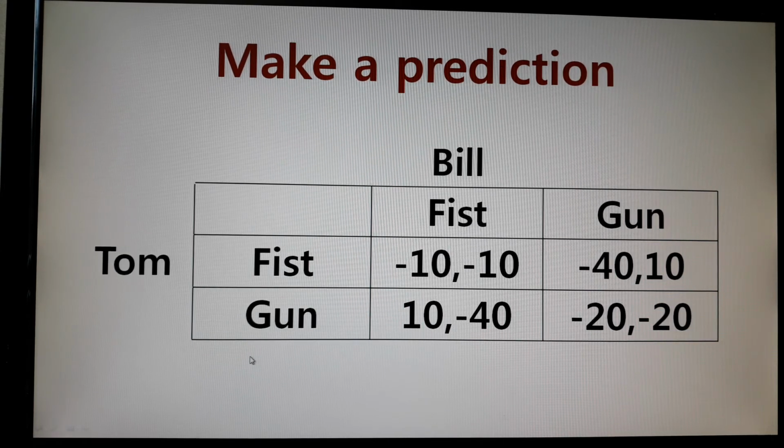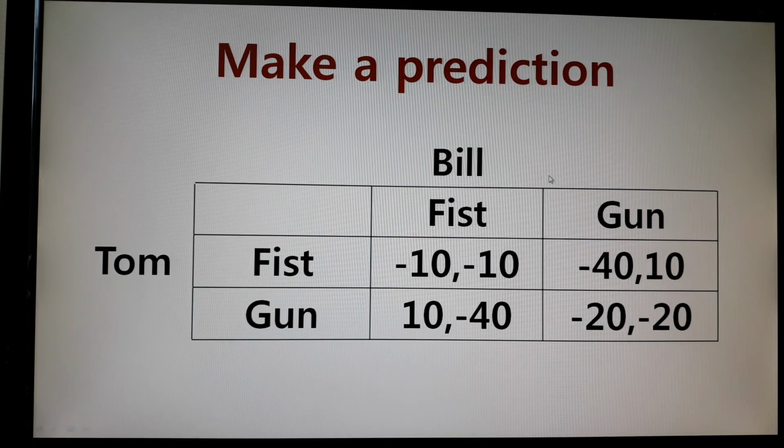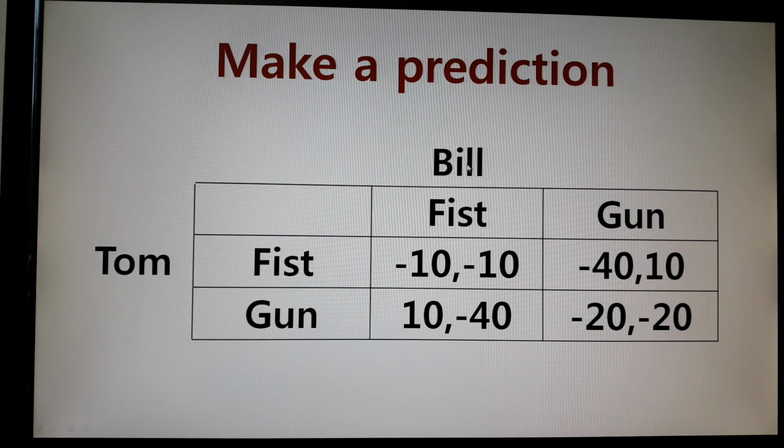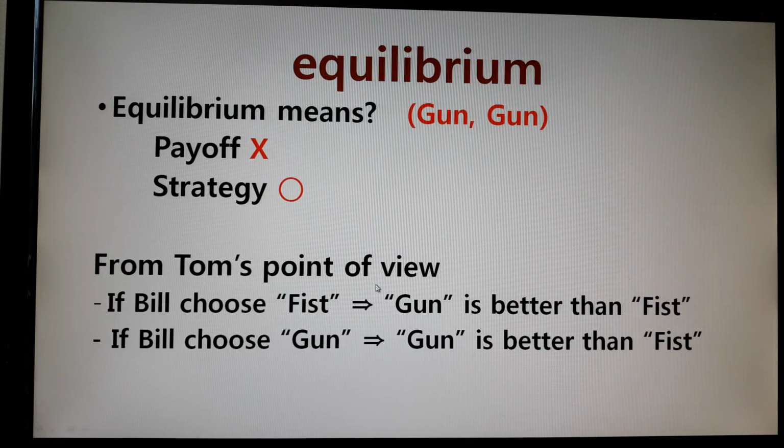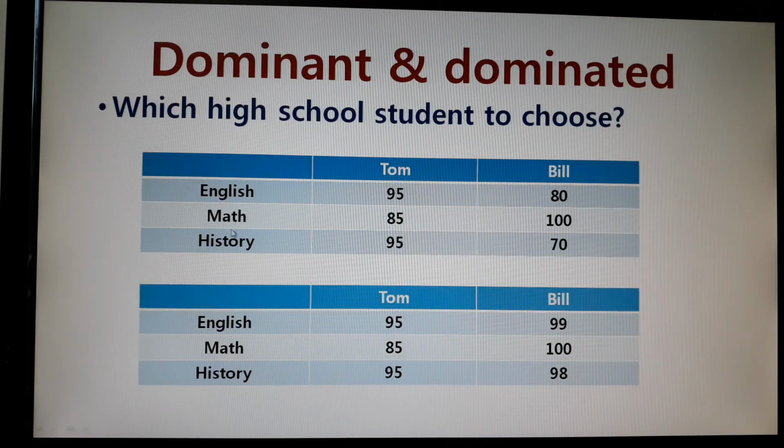That's why we call Tom's strategy gun the dominant strategy. So instead of English and math, we use whatever your opponent chooses. For each strategy, whatever it may be, gun is better than fist. Like whatever the subject, Bill is better than Tom, kind of thing.